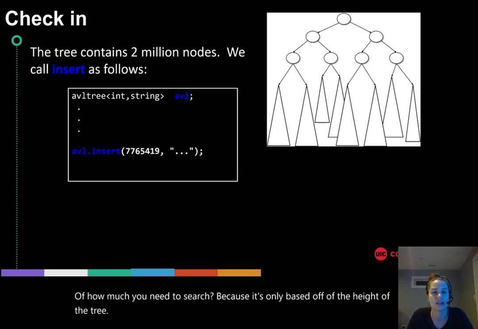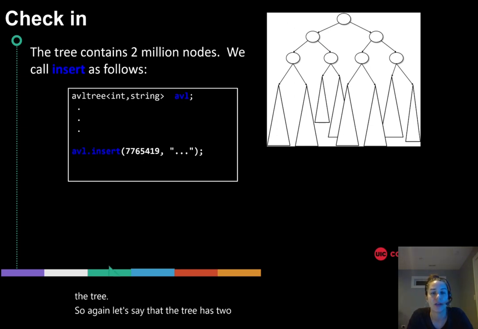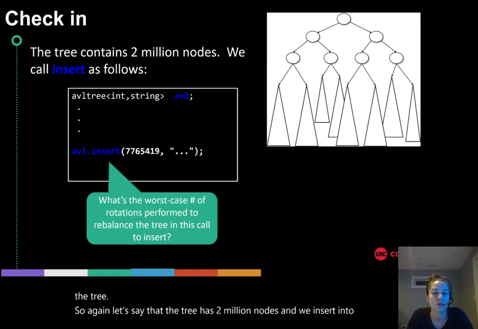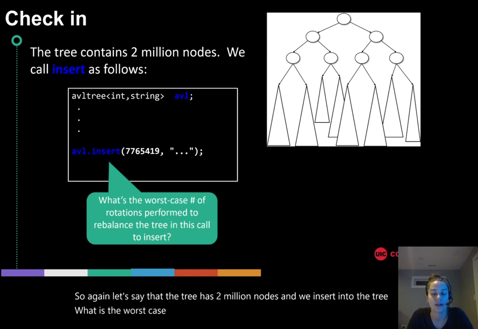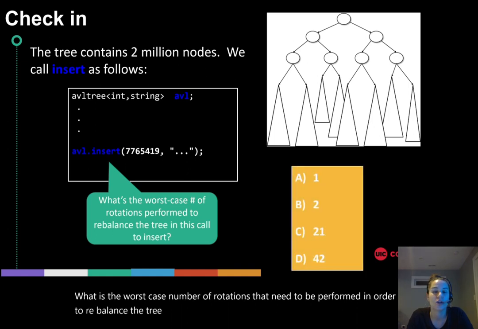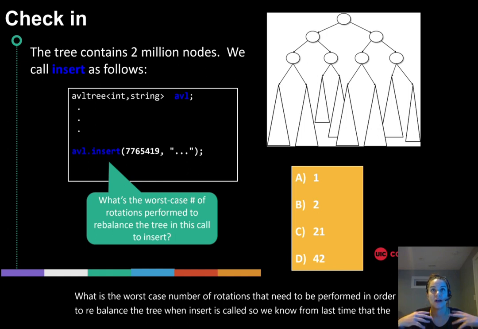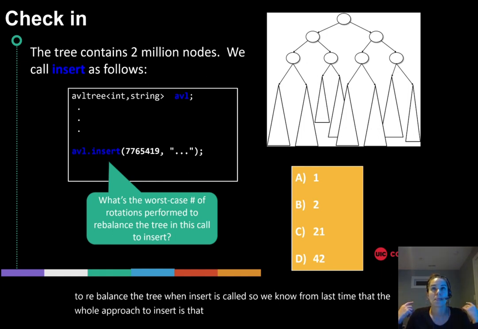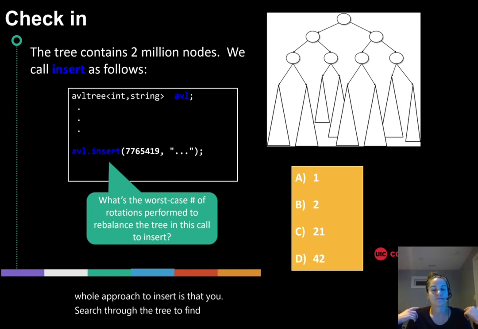So again, let's say that the tree has 2 million nodes and we insert into the tree. What is the worst case number of rotations that need to be performed in order to rebalance the tree when insert is called? So we know from last time that the whole approach to insert is that you search through the tree to find where to insert.